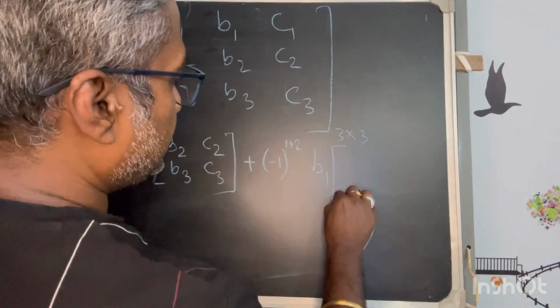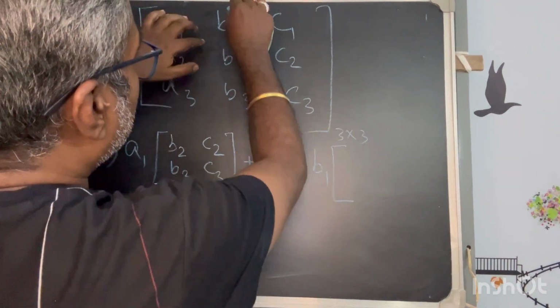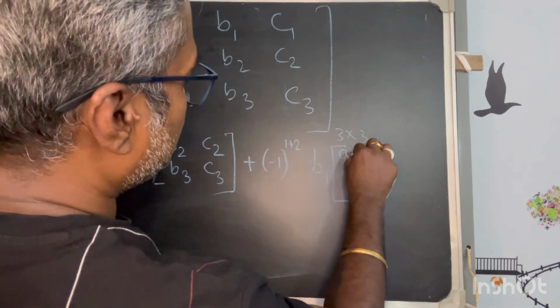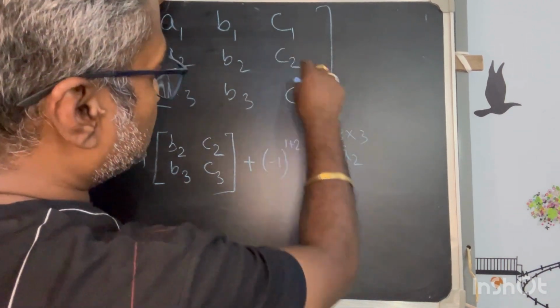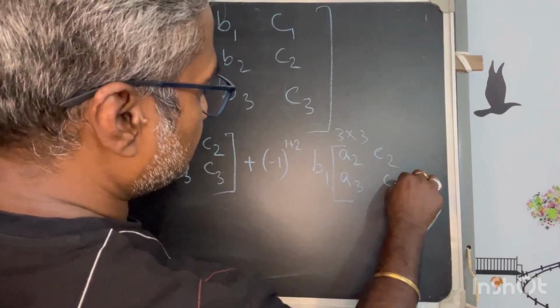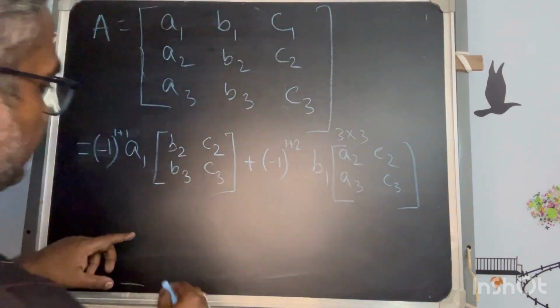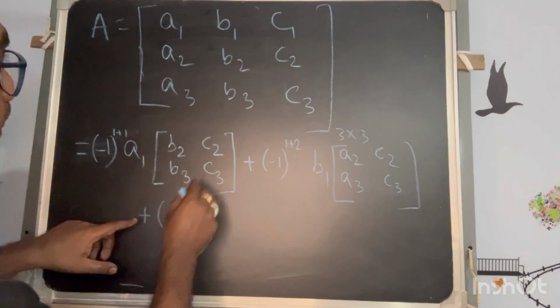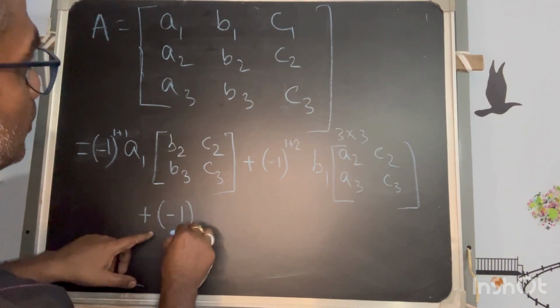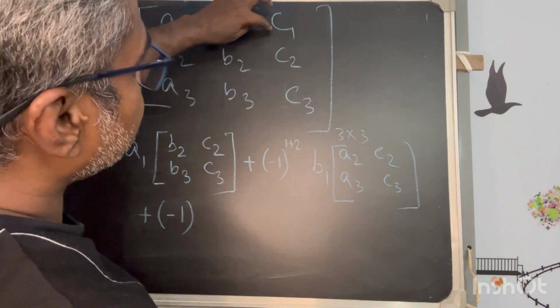So this will again come with its minor, that is A2 will be there because that is not crossing its line, C2 will be there, A3 will be there, and C3 will be there. Fine. Next, plus of, for this, minus 1 whole to the power what?